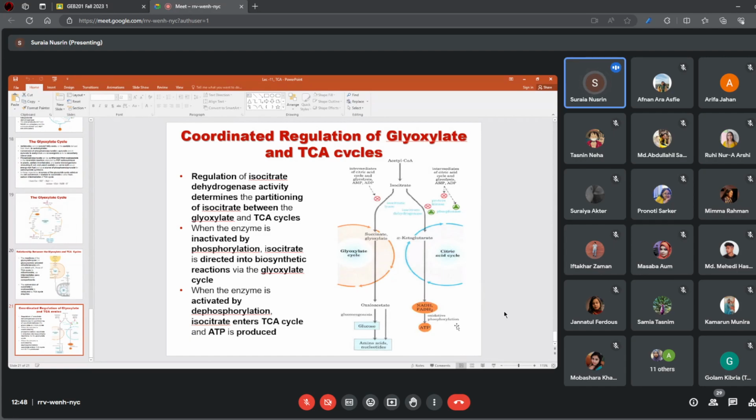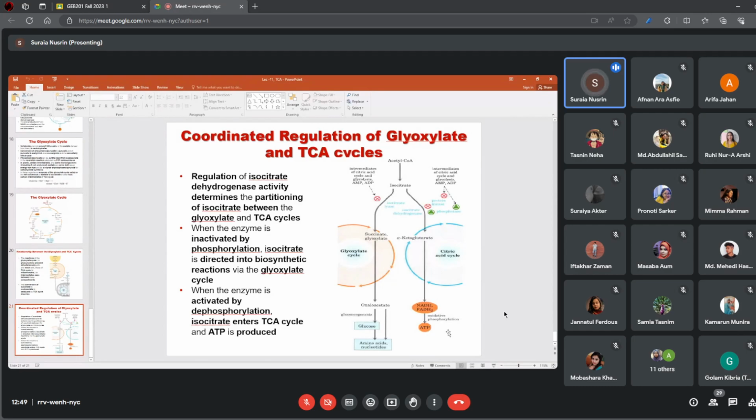Who is going to determine that? That is determined by the enzyme isocitrate dehydrogenase. Isocitrate dehydrogenase is responsible for determining whether isocitrate will enter the TCA cycle or the glyoxylate cycle.